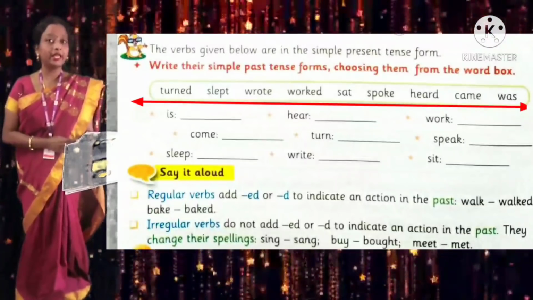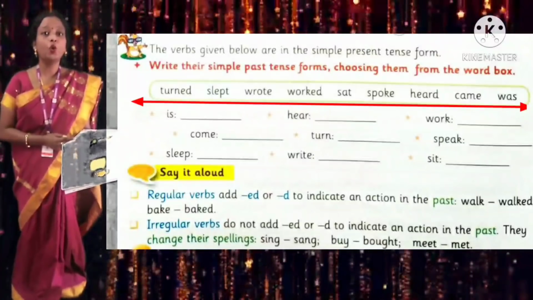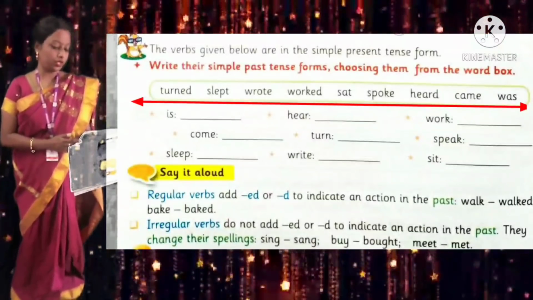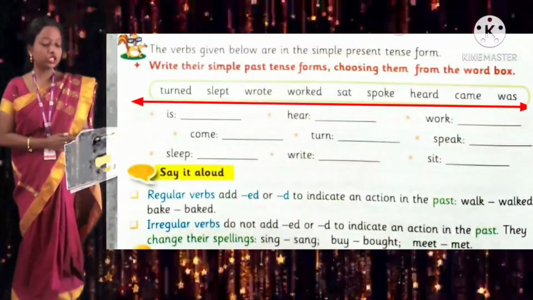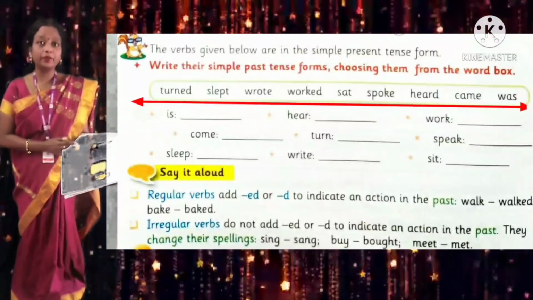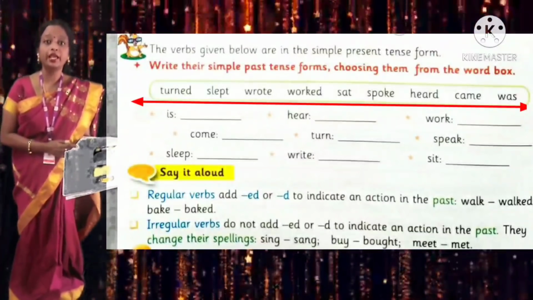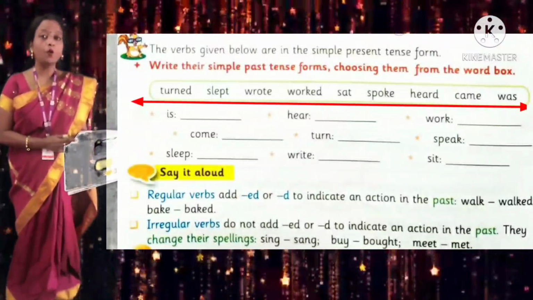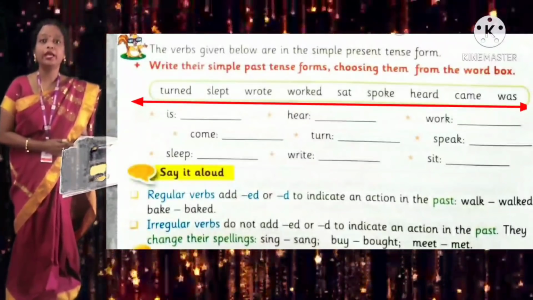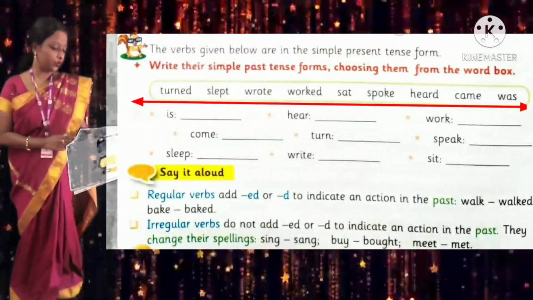Sat. S-A-T. Sat. Spoke. S-P-O-K-E. Spoke. Heard. H-E-A-R-D. Heard. Came. C-A-M-E. Came. Was. W-A-S. Was. Now, we'll go to the first word.